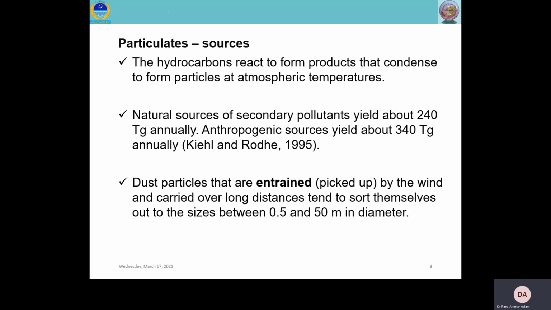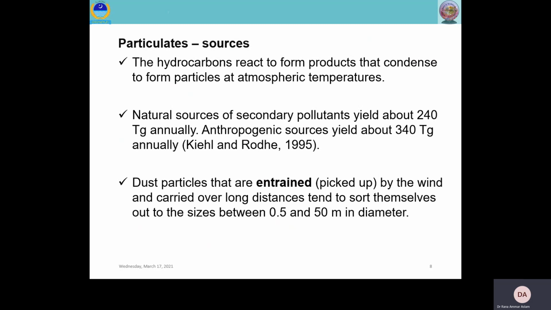If we talk about the formation of secondary particulate matter, especially from hydrocarbons, they react in the atmosphere, and their byproducts condense to form particulate matter.